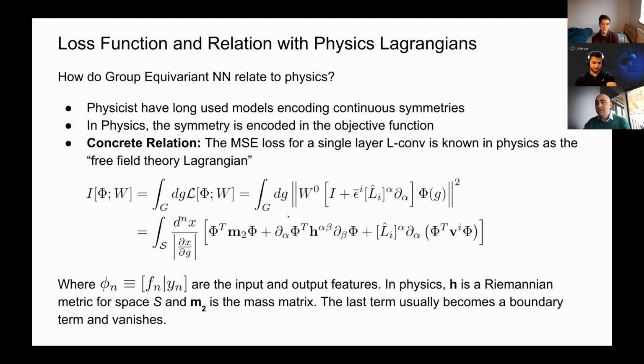Basically, this becomes the kinetic energy. And this other term is a potential energy, which is technically a harmonic oscillator potential energy. And this is a term that becomes zero when you do the partial integration. So essentially, the simplest case of L-Conv gives you the simplest Lagrangian in physics.